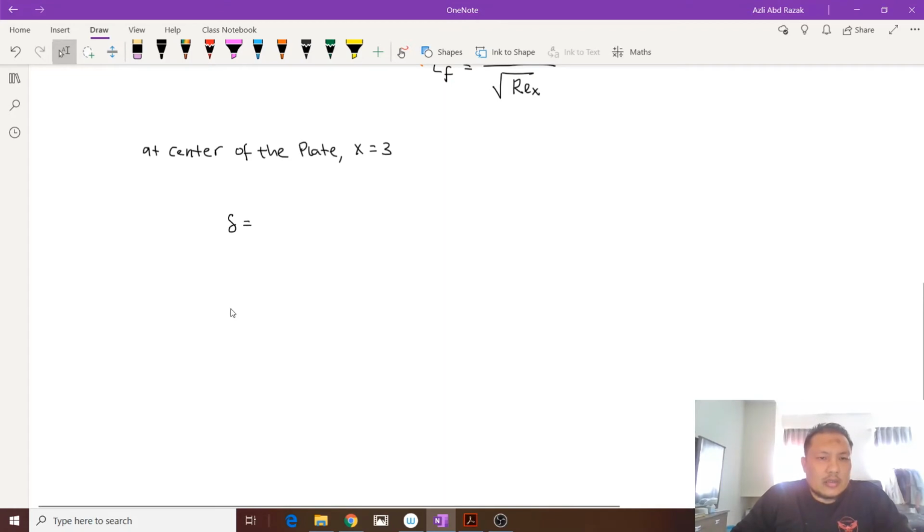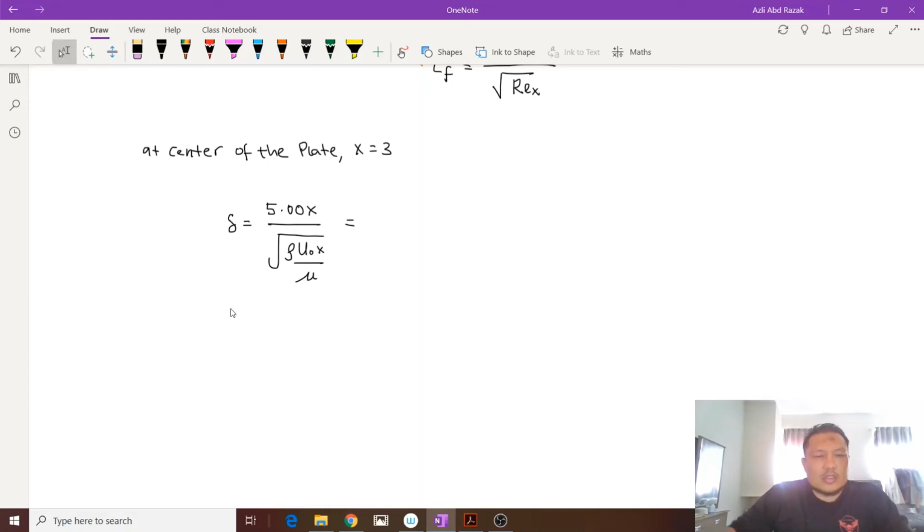So delta equal to 5x divided by the square root of Re_x, which is rho u naught x divided by mu.